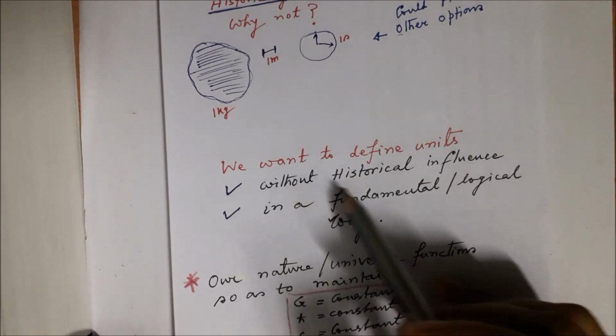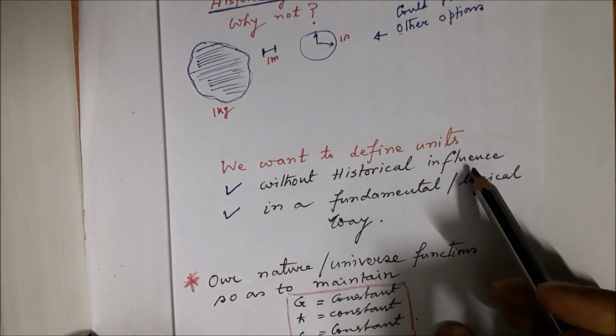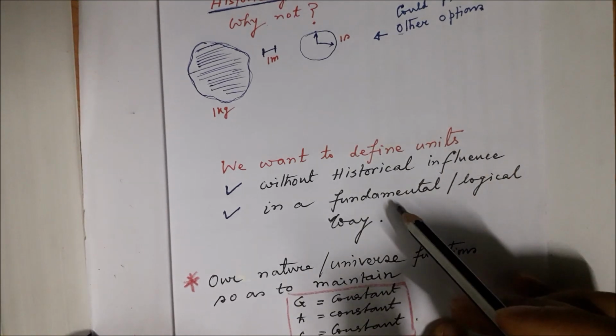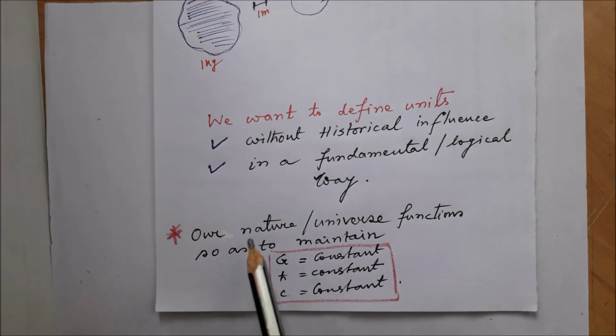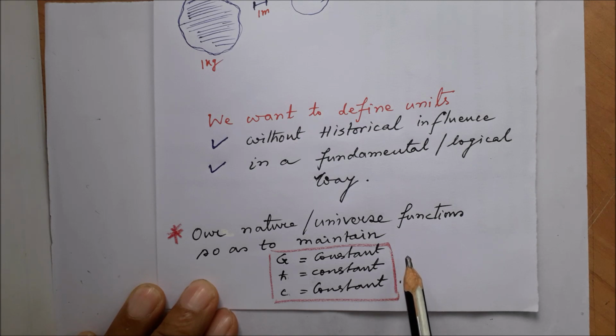Now we want to define units without historical influence or significance, and in a very fundamental and logical way. Our nature, our universe, functions in such a manner that there are certain universal constants G, h cross, c, and they do not depend on object, location, time, phenomena, or situation.